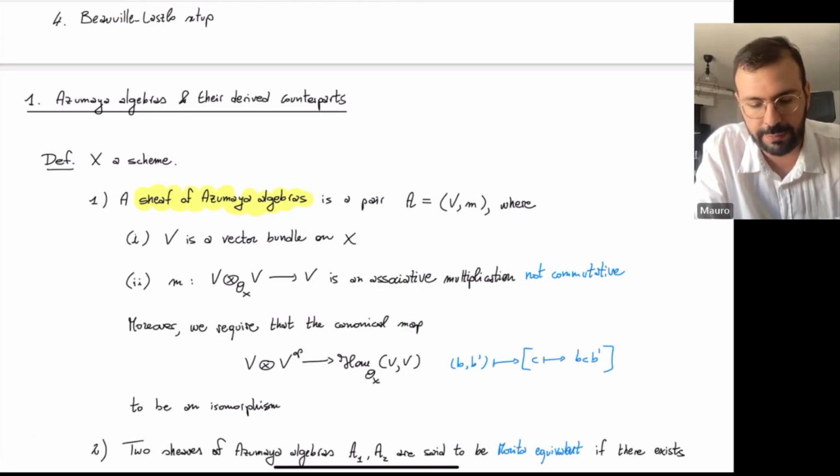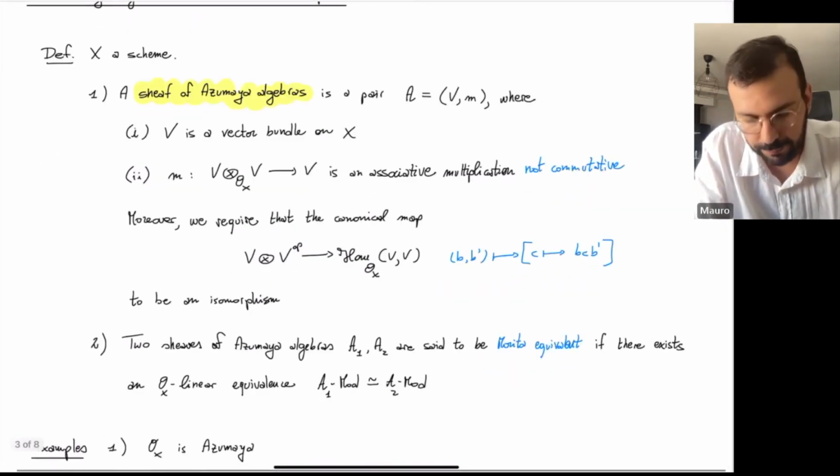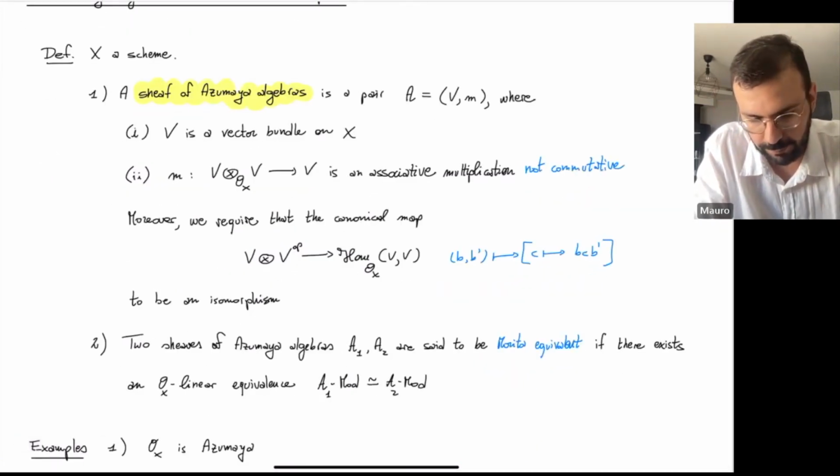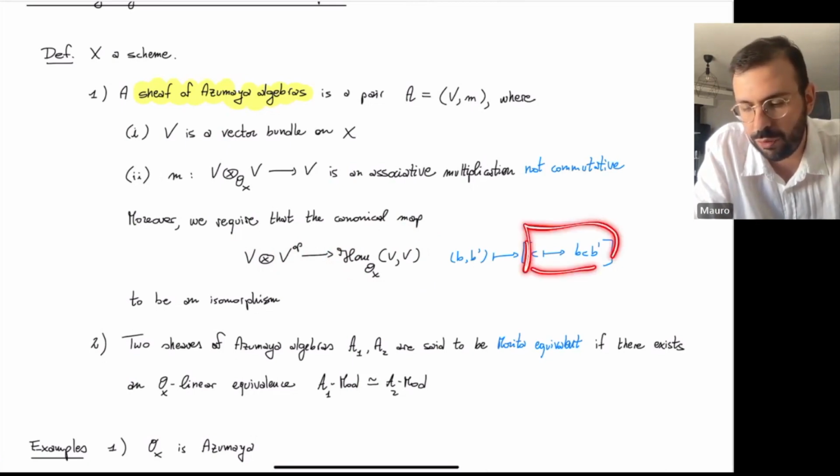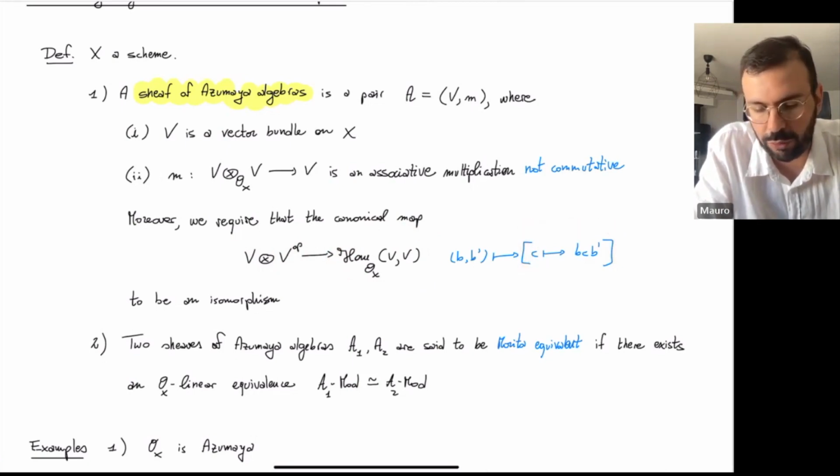And we ask a certain important property, which is that this map going from V tensor V^op, where V^op is just V endowed with the opposite multiplication, to the endomorphism sheaf of V, given by this conjugation map, should be an isomorphism.